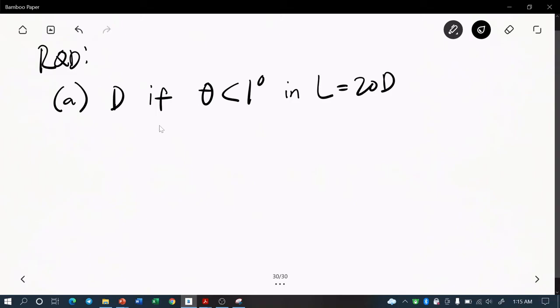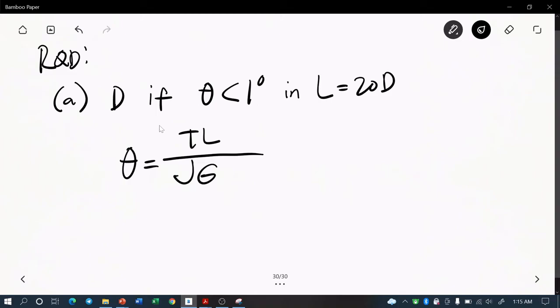So we're going to use the equation for the torsional deflection. The torsional deflection of a shaft subjected to torsional stress is equal to the torque times the length over the centroidal polar moment of inertia times the modulus of rigidity.